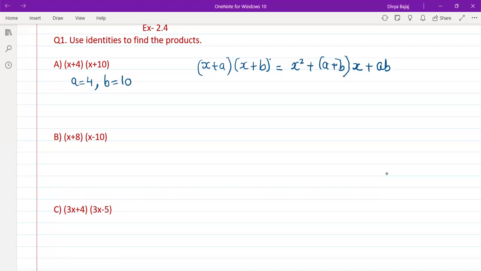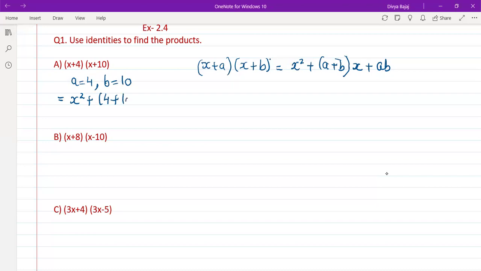So we are going to use this identity in the very first question, where a is 4 and b is 10. Applying this identity, I will take the square of the first term. In both the brackets the first term is the same, so it will be x squared plus, in the bracket, I am going to add both the constants. My constants in the question are 4 and 10.